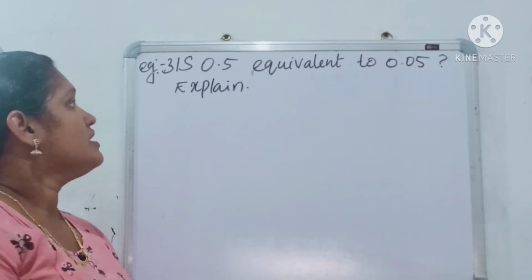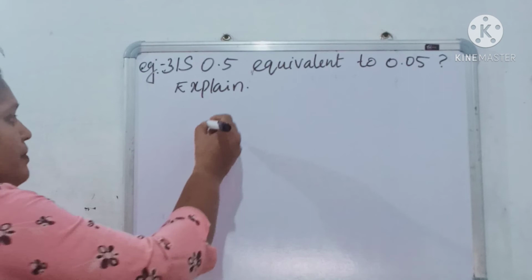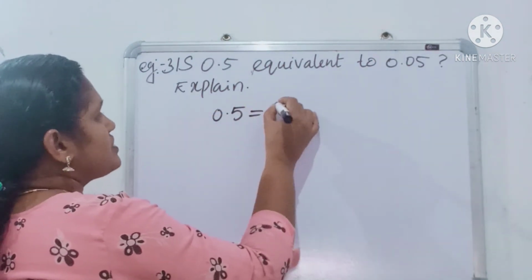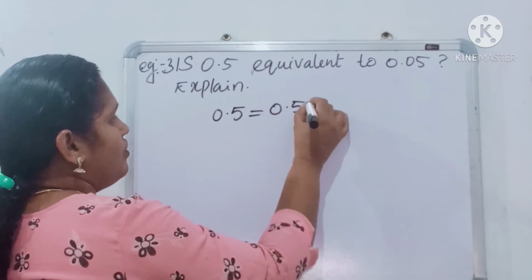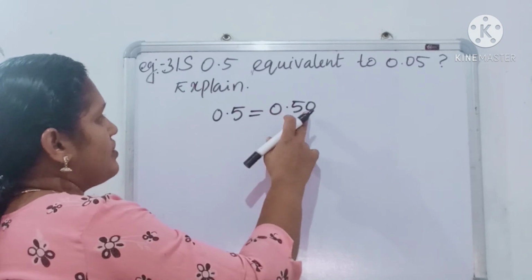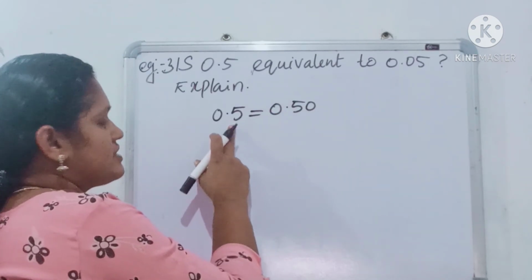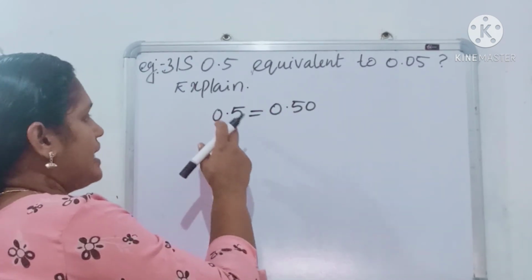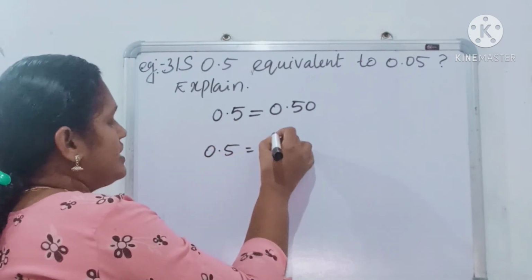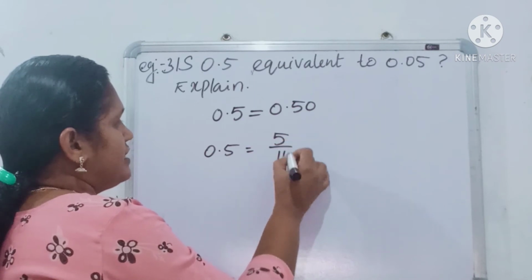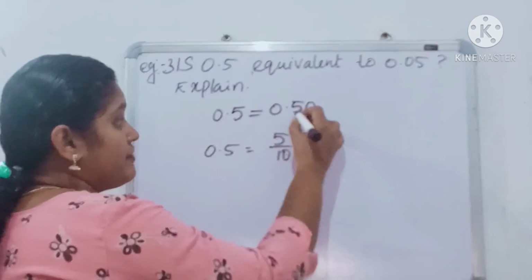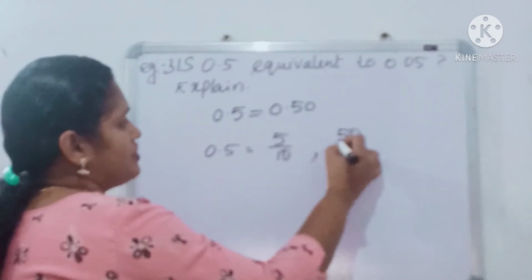3. Is 0.5 equivalent to 0.05? Explain. Here 0.5 is equal to 0.50. Clear? 0.50 is the equivalent decimal of 0.5. That means 0.5 means 5 parts out of 10. 0.50 means 50 parts out of 100.